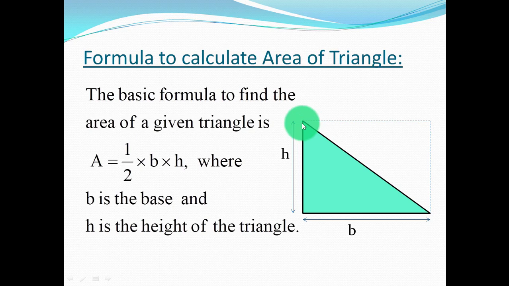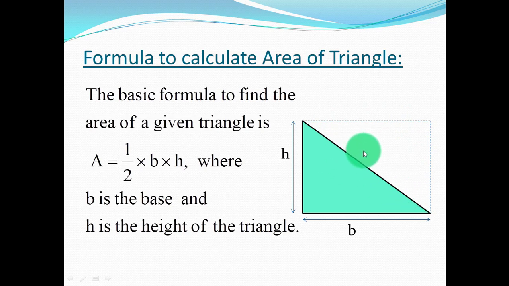As we know that this is a rectangle. When we take a diagonal, like this way or this way, I'm considering this diagonal. So you can see that this is a triangle, and this is also a triangle.